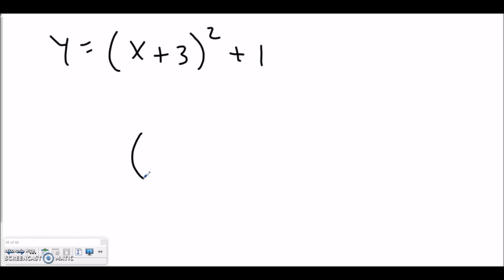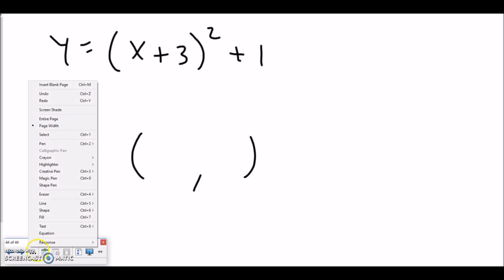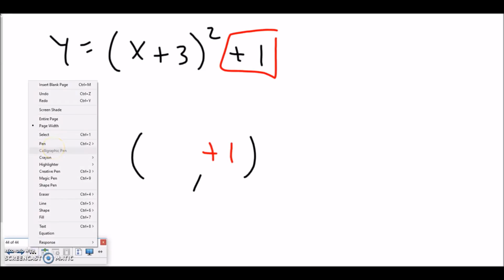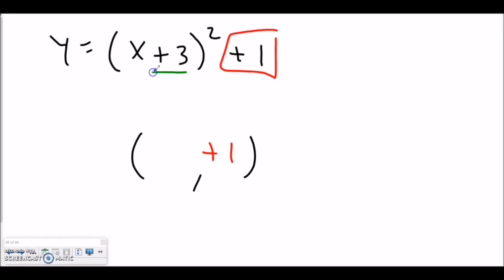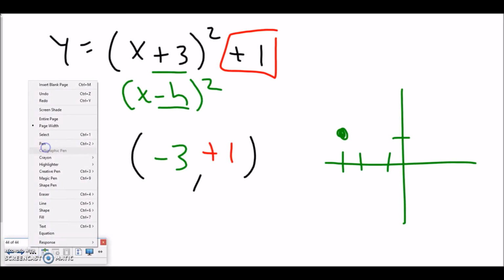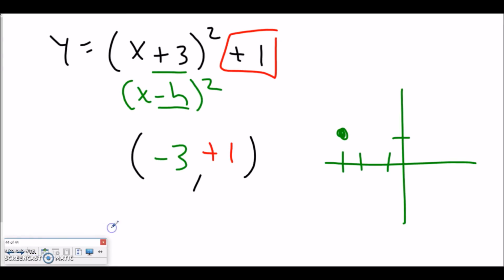Our vertex would be, and again, the y-coordinate is probably the easier one. My x-coordinate, if my formula is (x minus h) squared, would be negative 3. So my vertex would be at (negative 3, 1), and it would open up. Whoop, like that.